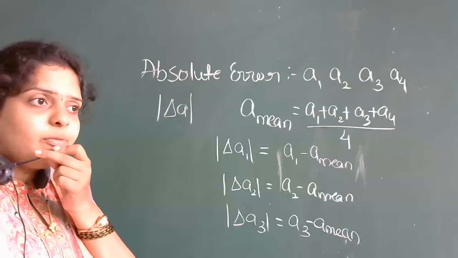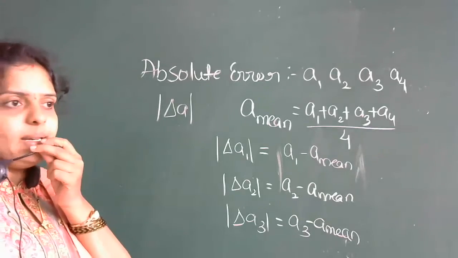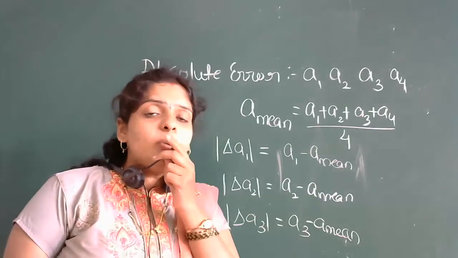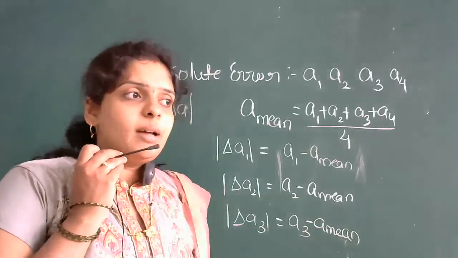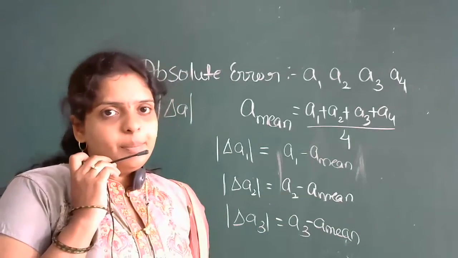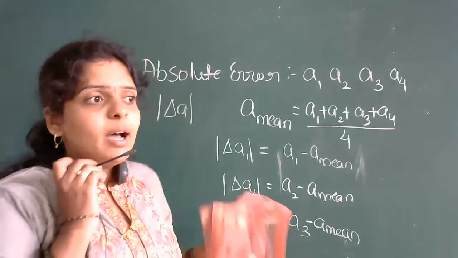Then delta A4 can be written as A4 minus A mean. So this is how you can express the absolute error of a given number. Is it clear, everyone?